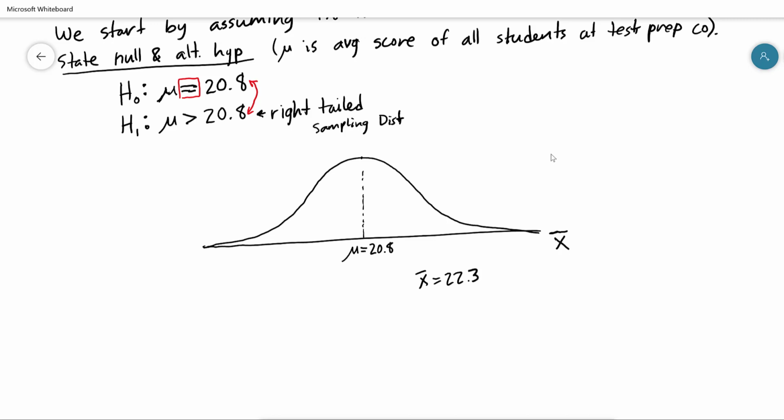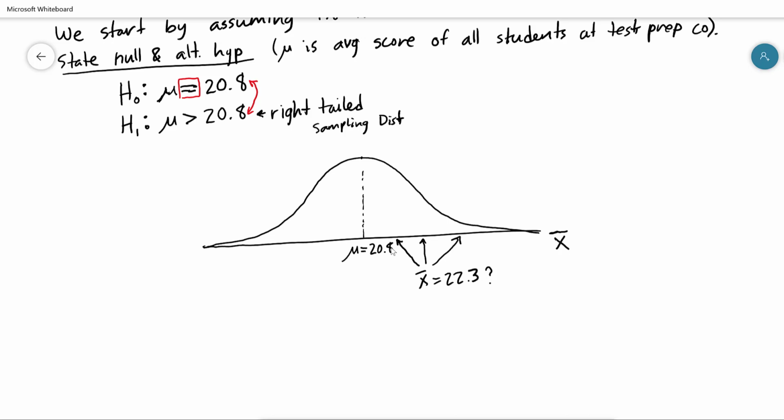And we want to know where this falls. Does it fall over here? Does it fall over here? We don't know exactly where this 22.3 falls. If it falls in one of these regions, say right here, then it's not all that far away from this number.